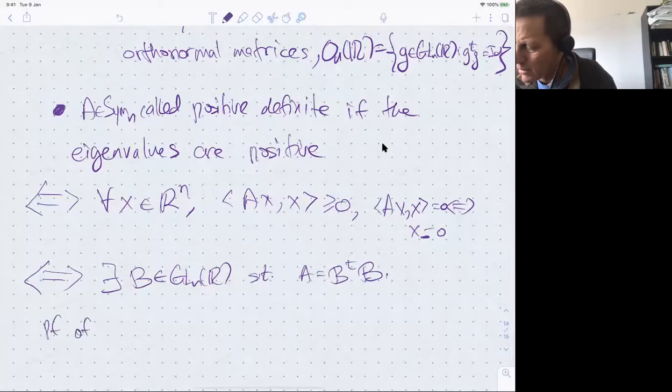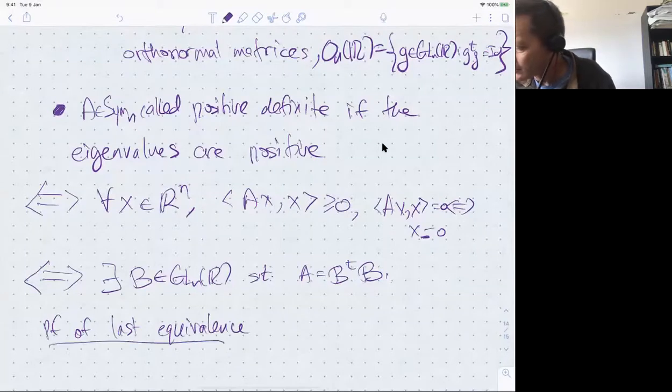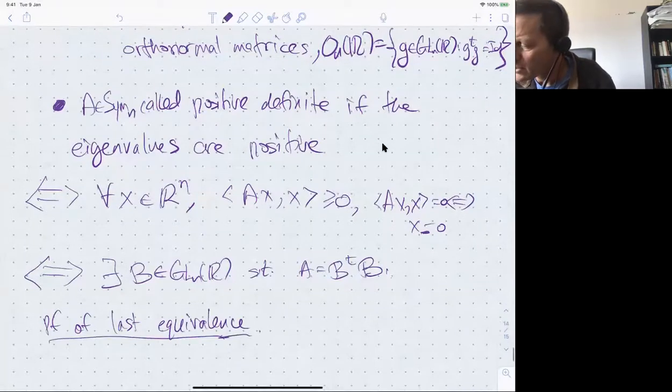Proof of last equivalence. There are two directions here. One is easy and the other is slightly harder.